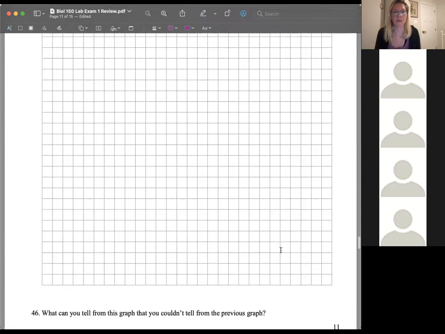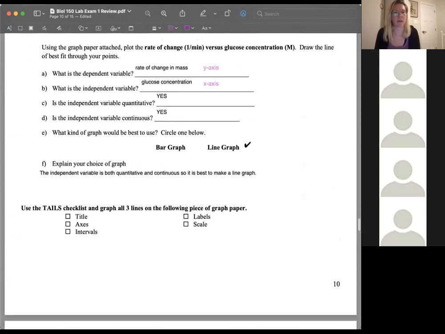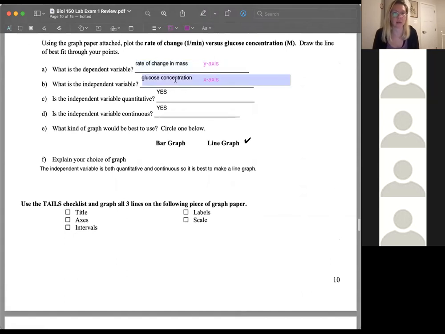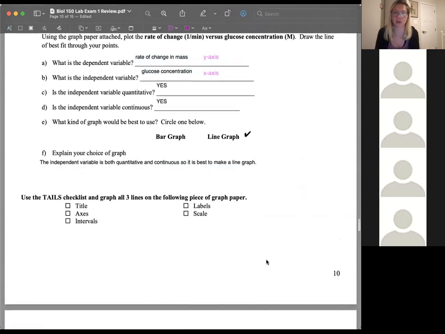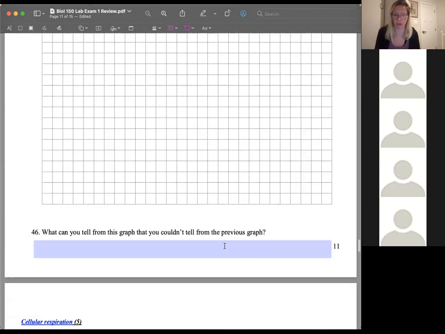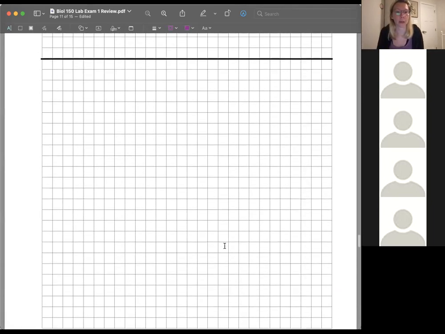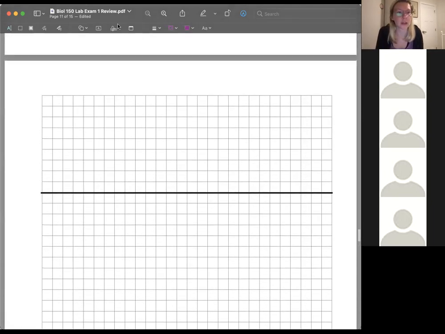So this graph that you all had to make as part of your osmosis lab report, the graph that compares the rate of change in mass to the glucose concentration, what is special about that graph? What very specific information does it give you? I know it's hard to imagine, so let me fill in some information here.